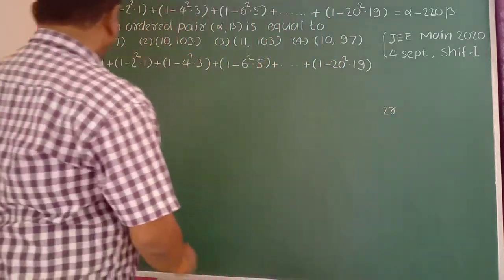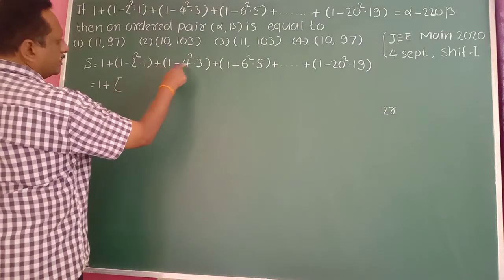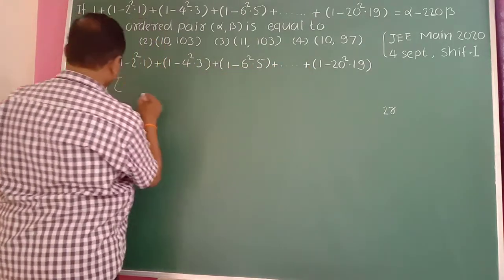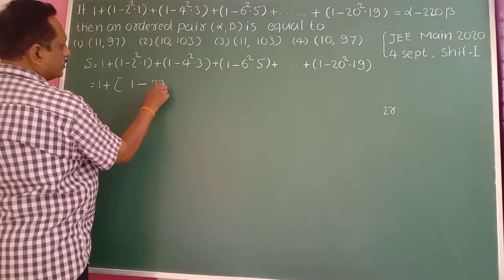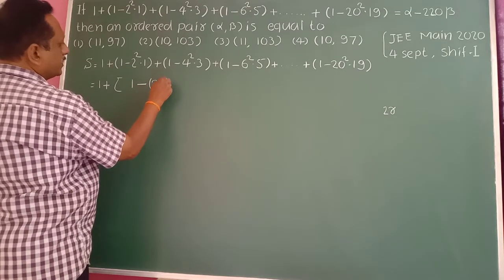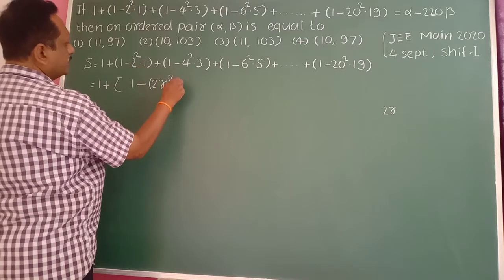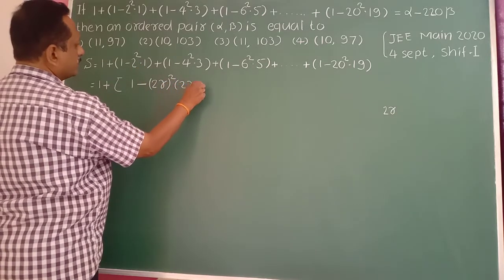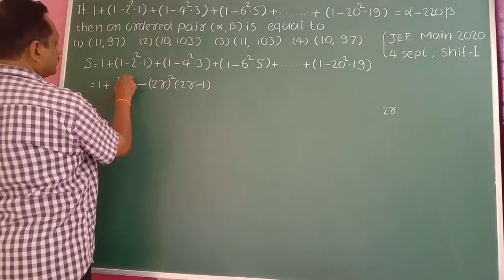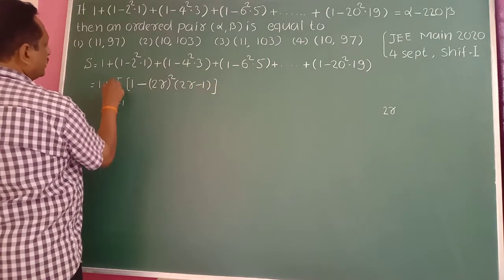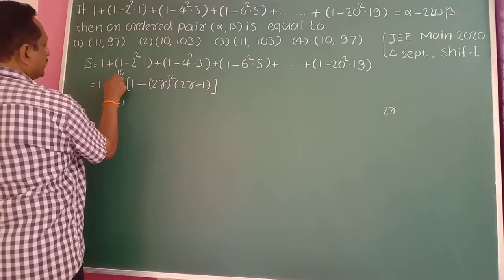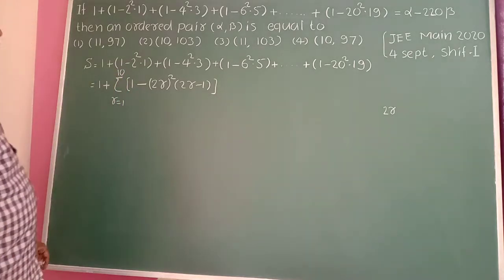Therefore we can write here 1, and here also 1, so write 1 minus (2r) square into (2r minus 1), with r equal to 1 to 10.